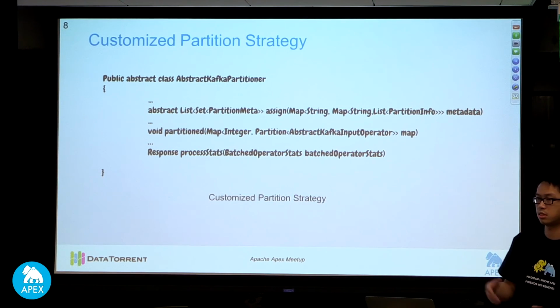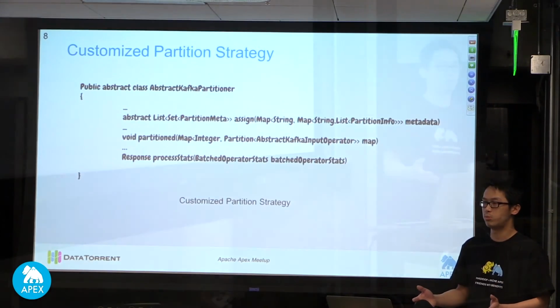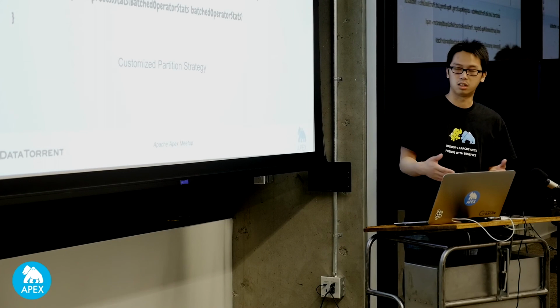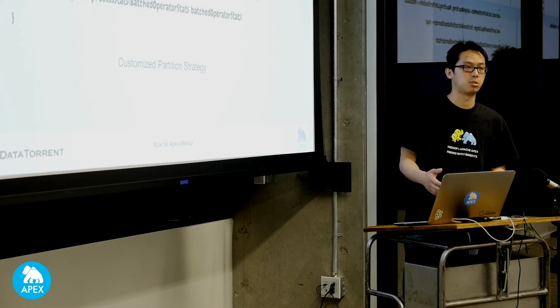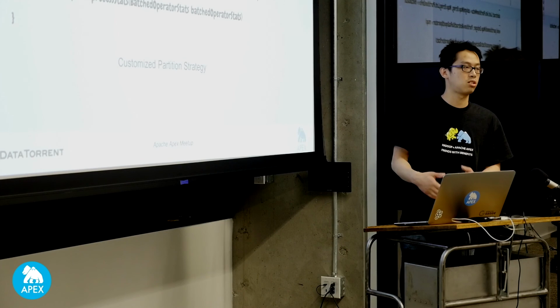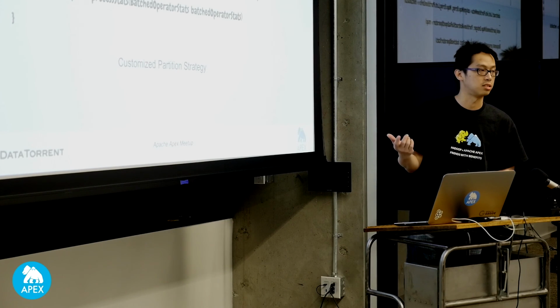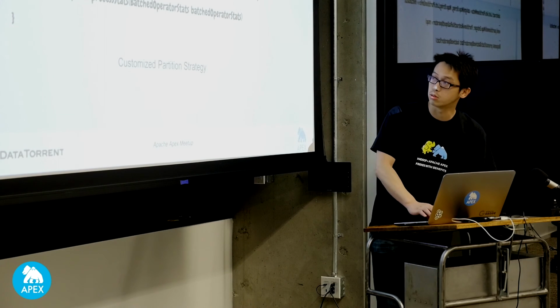Those stats include throughput stats like messages per second and bytes per second, for example. So if you want to do some partitioning based on throughput, you can just override this method and do whatever you want.